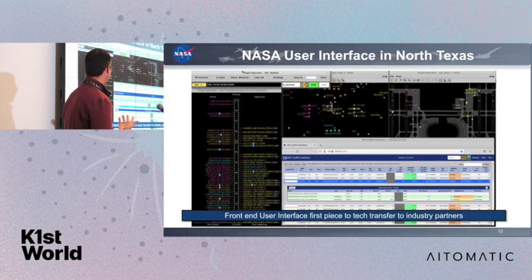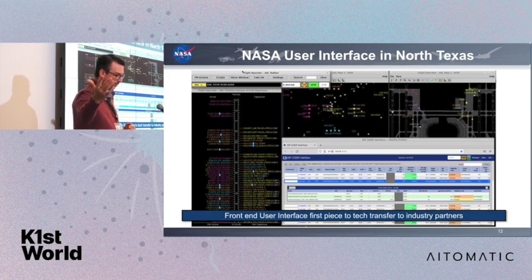And so here just quickly is to show what our user interface looks like. We don't have to get too much into the details here, but on the left-hand side is our timeline. So each little flight here is shown at the predicted takeoff time. The right-hand side is the east runway. The left-hand side is the west runway.